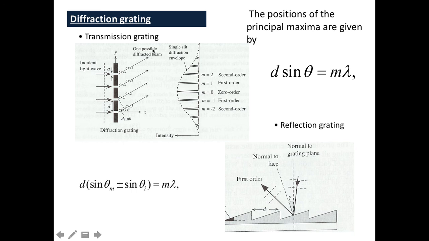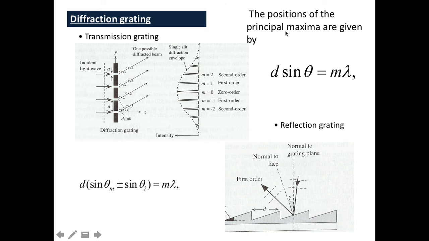Okay, there are two types of diffraction grating: one is the transmission grating and the other is the reflection grating. In the transmission grating, you can see the slit width, this one, and this distance. You can see the envelope due to single slit diffraction, and this is due to slit interference: zeroth order, first order, second order.